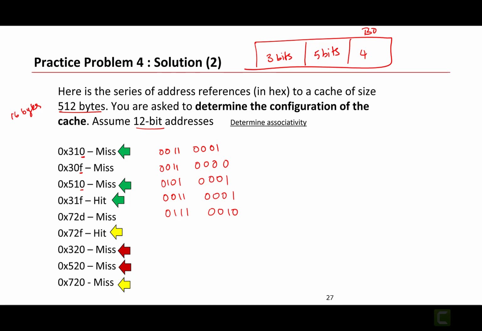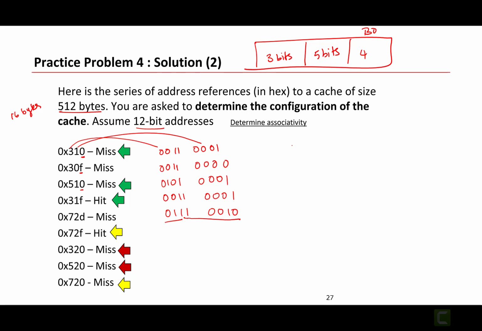So I have only translated the first 2 nibbles. This would be this, and this would be this, and that's enough for me to figure out my tag and set index. My set index has 5 bits in it, and the first 3 bits would be the tag.